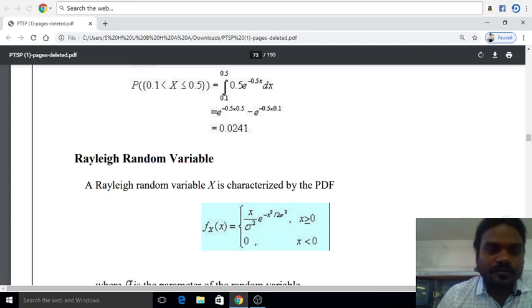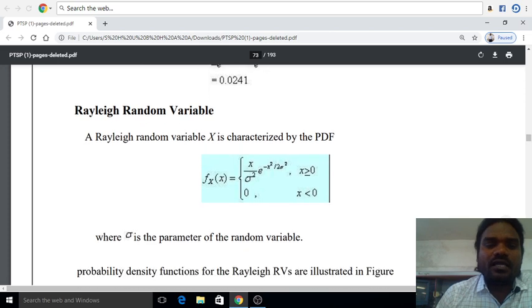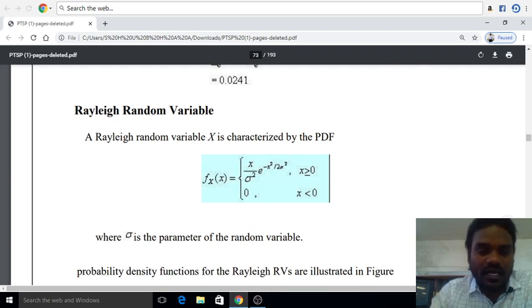So we are going with another distribution, the Rayleigh random variable, which can be asked for 2 or 3 marks, and it is also very similar to the earlier distributions. The Poisson and binomial distributions are for discrete random variables, whereas the normal and exponential distributions are for the continuous random variable.